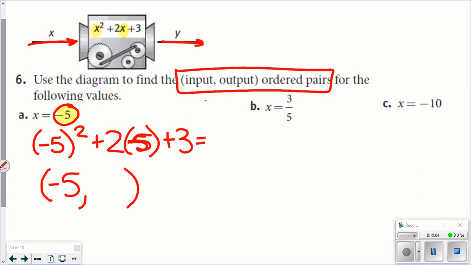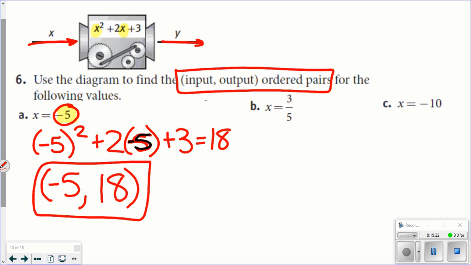So this becomes, you can type this into your calculator as one big question, right? Or this becomes 25, take away 10, plus 3. And we get 18. So I'm going to put an 18 as my output, and box it in because that's my answer.